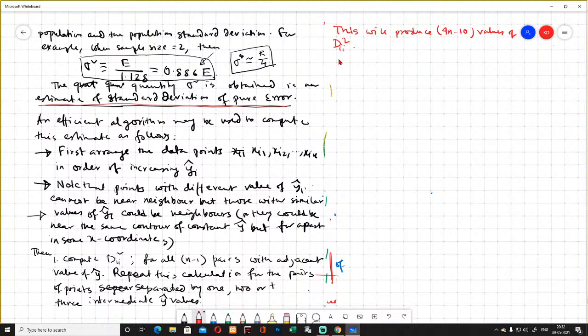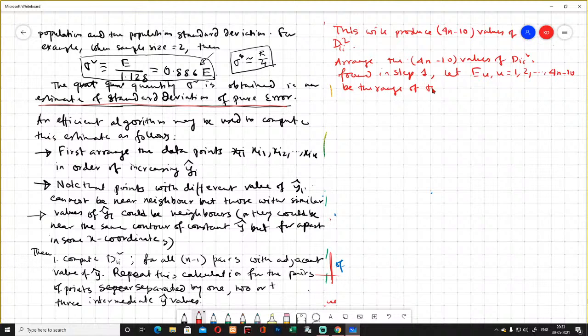Next, arrange the 4n minus 10 values of dii square found in step 1. Let E_u, u from 1 to 4n minus 10, be the range of the residual at these points.